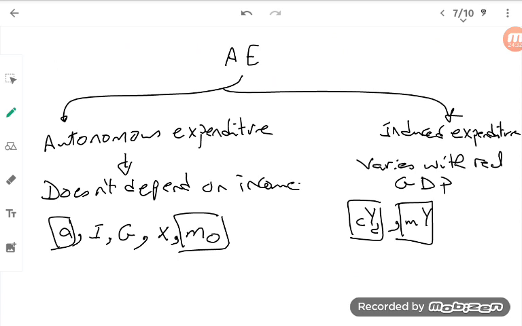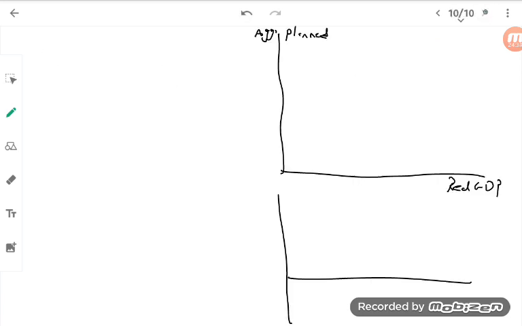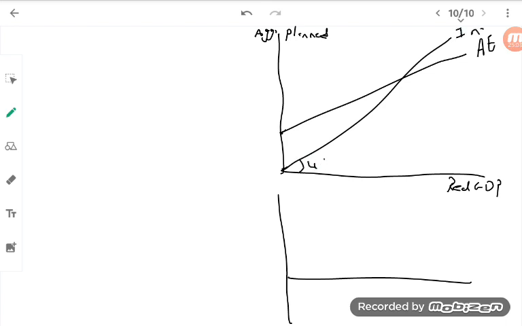So we can draw it like a positive slope line, not starting from the origin. It's going to start from an autonomous part, or an intercept. So this is A. And just like consumption, there is a 45-degree line, which is an income line, and this is 45 degree.